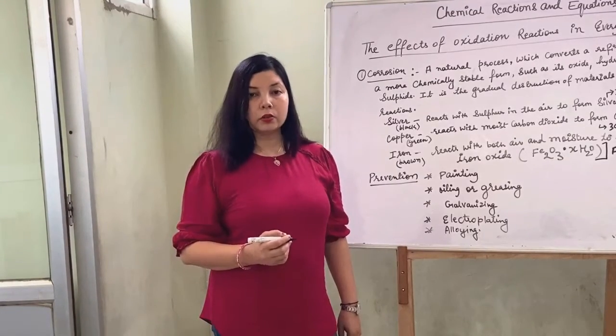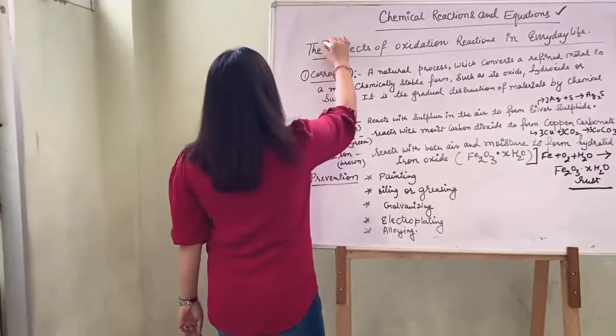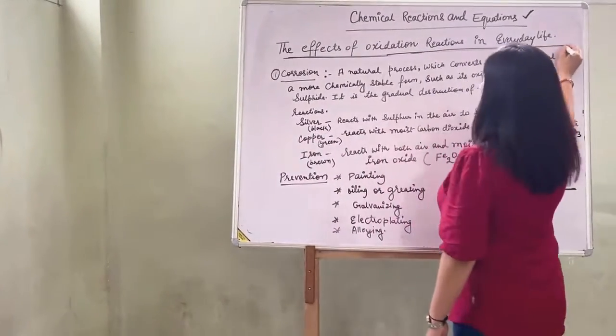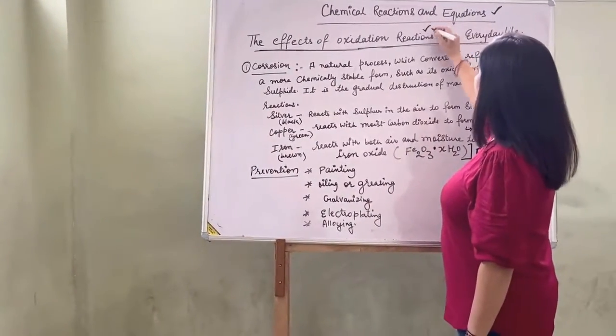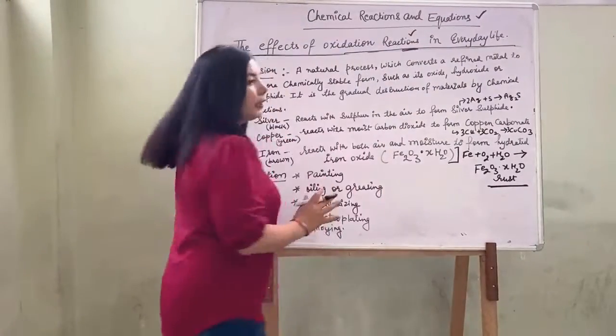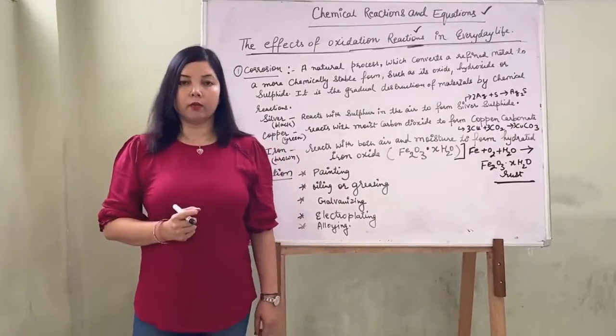So today, students, I am going to teach you about the effect of oxidation reactions in our everyday life. How does the oxidation reaction affect our daily life? You might have observed some changes taking place in your surroundings.